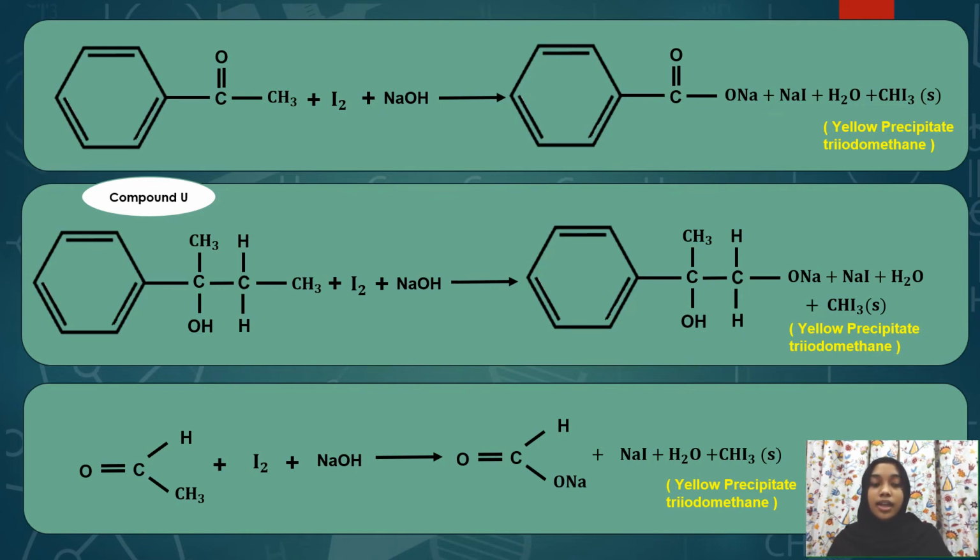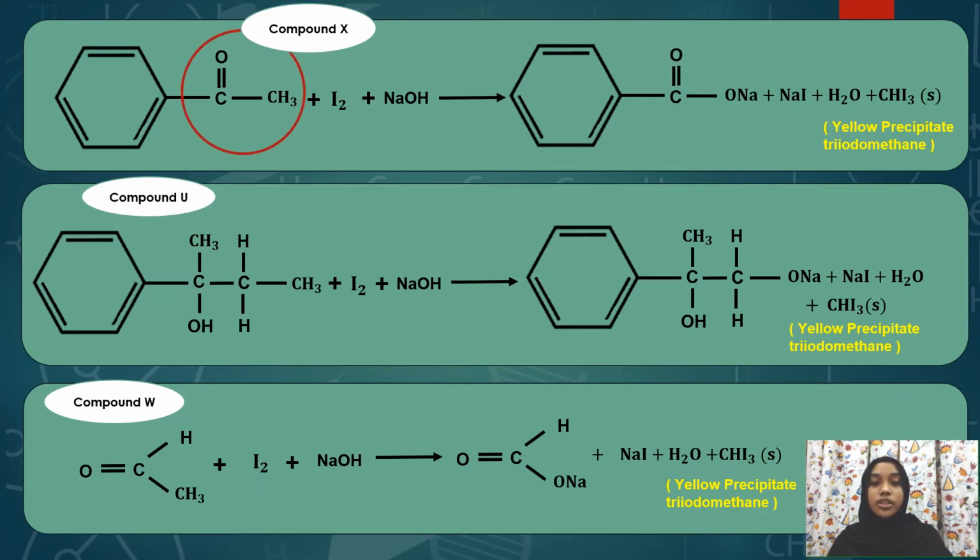Then it undergoes ozonolysis, breaking the double bond and forming compound X and compound W. Each of the compounds, when reacted in the iodoform test, will show a positive result, that is a yellow precipitate of triiodomethane. This is because carbonyl compounds with a methyl carbonyl group will show a positive result.